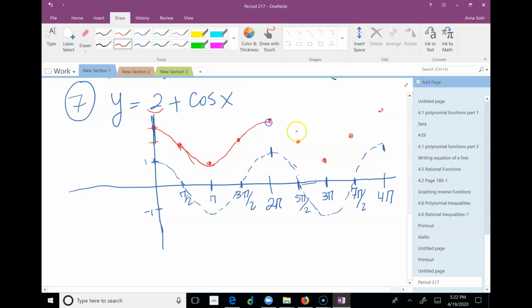So you're basically shifting it. Okay, and that's 2 periods. That's the graph for number 7.